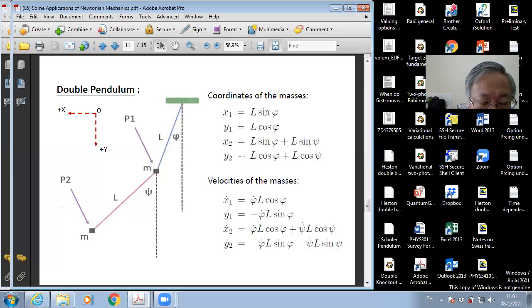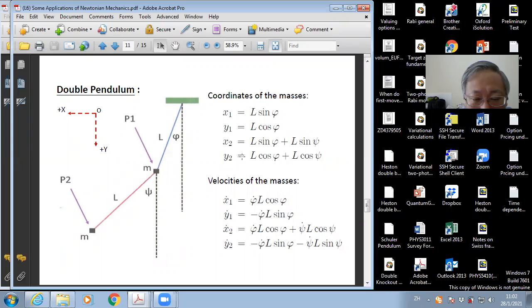So actually we have only two independent variables or coordinates. And after all the simplification, we realize that the two most convenient or most favorable independent variables are phi and psi.